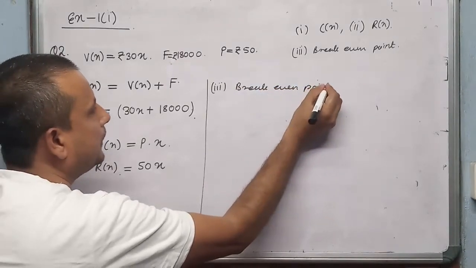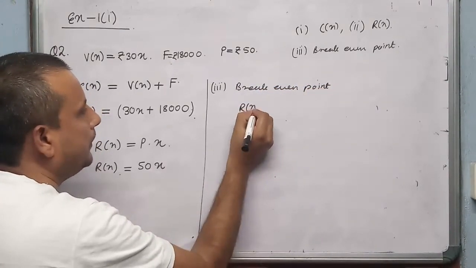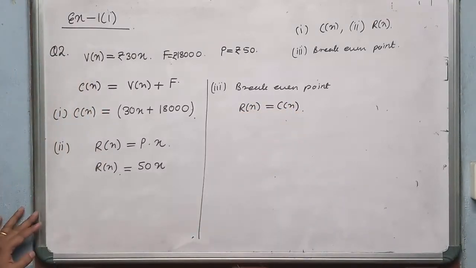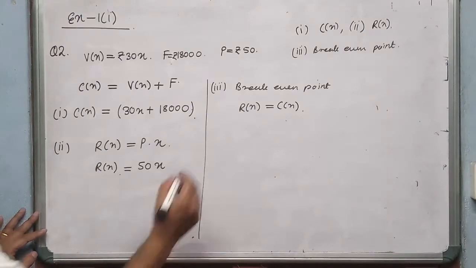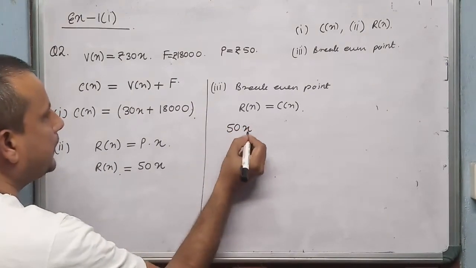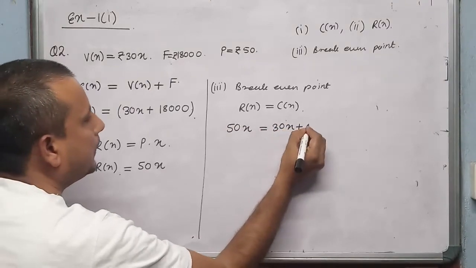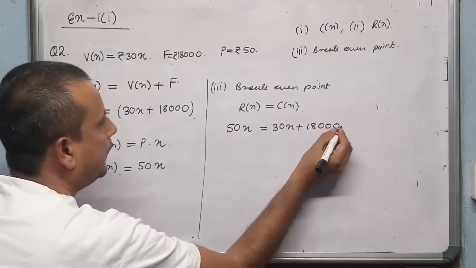The break-even point is given by revenue is equal to the cost, no profit, no loss formula. The revenue 50x is equal to the cost, 30x plus 18,000.